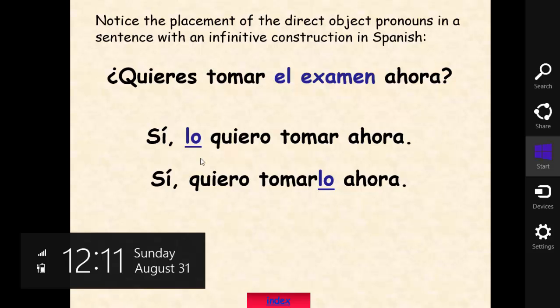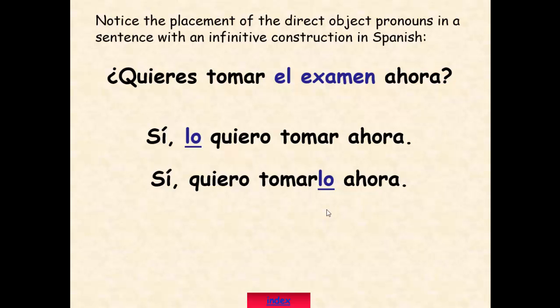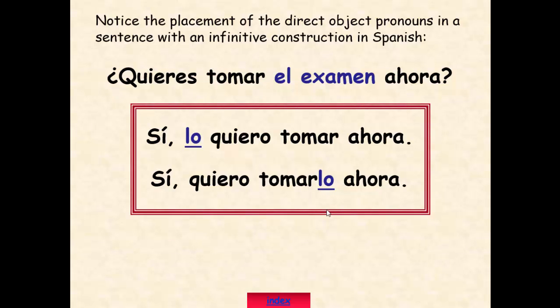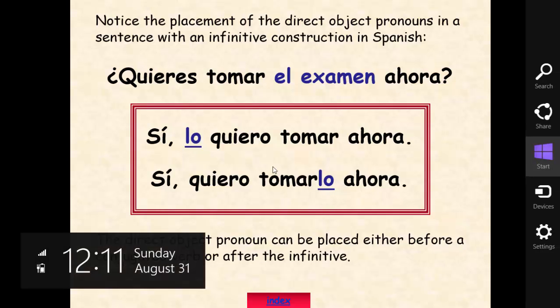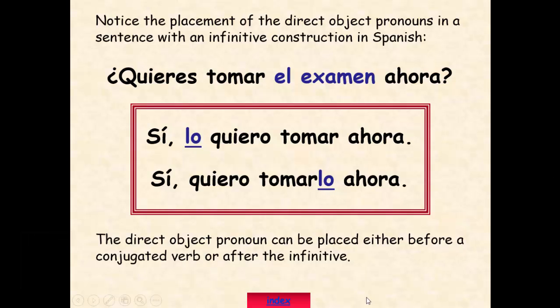So that's why you have an option, but only if you have two verbs and the second verb is in the infinitive form. The direct object pronoun can be placed either before a conjugated verb, as in the first example, or after the infinitive in the second example.